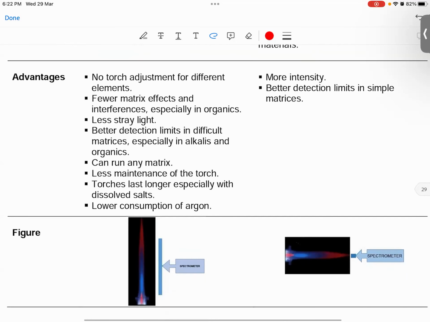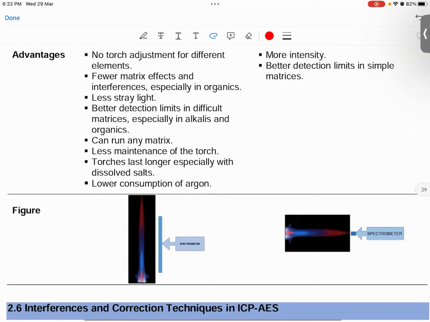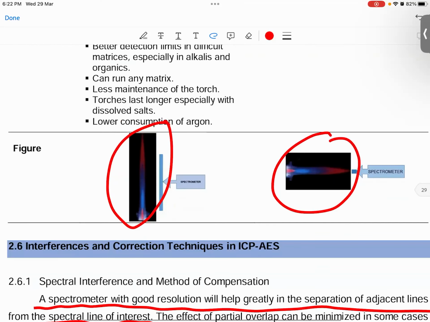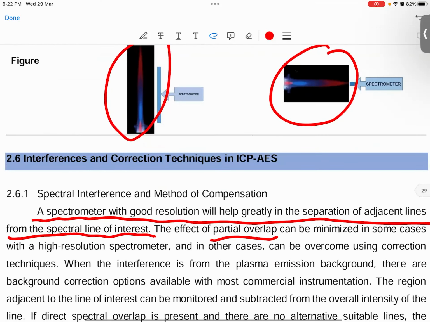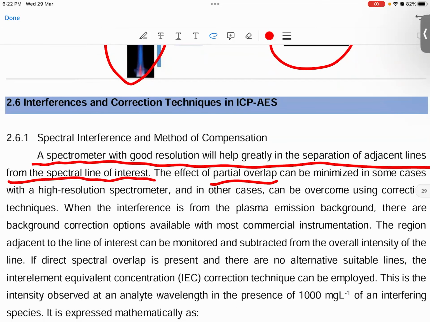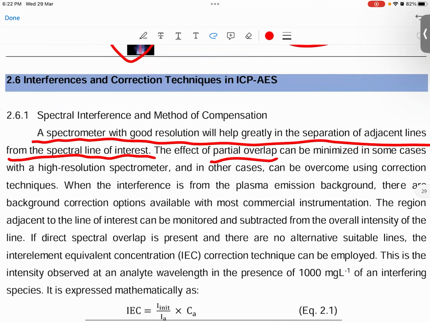So this is how the emission is being viewed. Sometimes it is easier if you understand it as horizontal and vertical. And the issue of interferences is similar to AAS, atomic absorption spectroscopy as well.